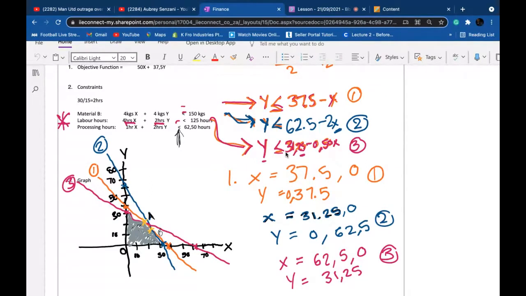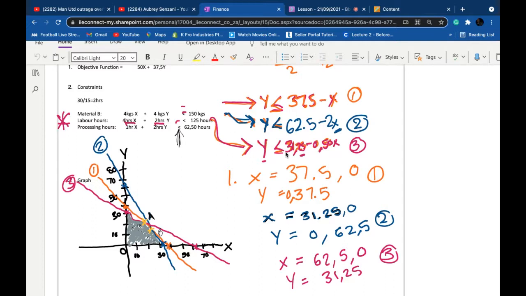Before I go there, how many hours does it take to produce 1 unit of Y? It takes 2 hours. How many hours does it take us to produce 1 unit of X? 4 hours. And it's the same thing with the kgs of material and the processing hours.